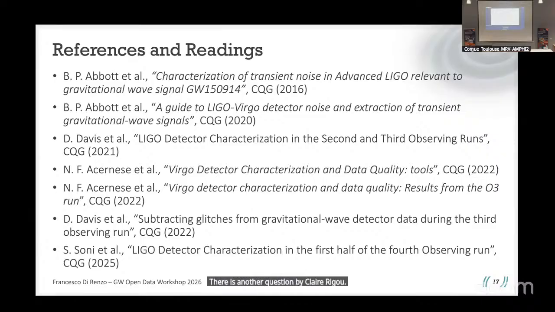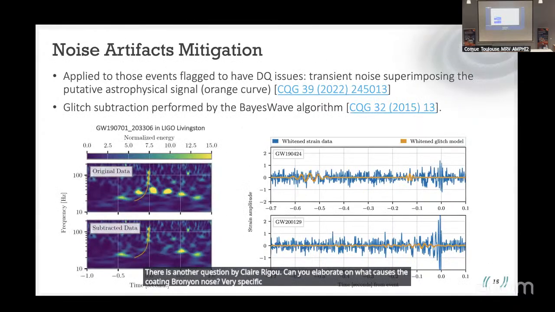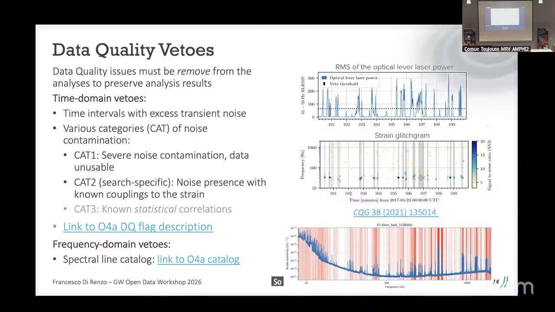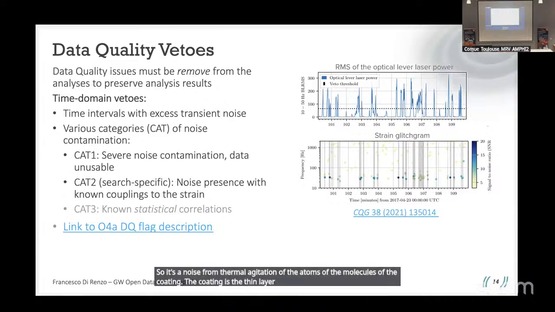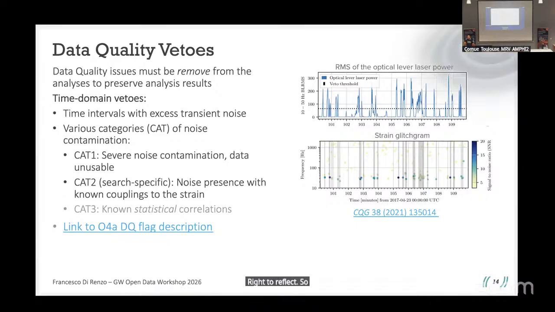Can you elaborate on what causes the coating Brownian noise? Very specific. It's a noise from thermal agitation of the atoms, of the molecules of the coating. The coating is the thin layer that makes light reflect.